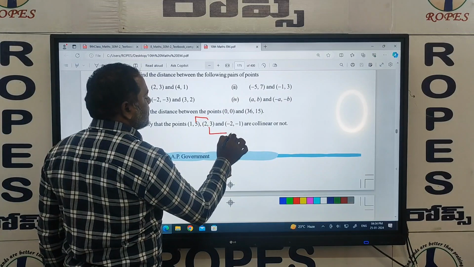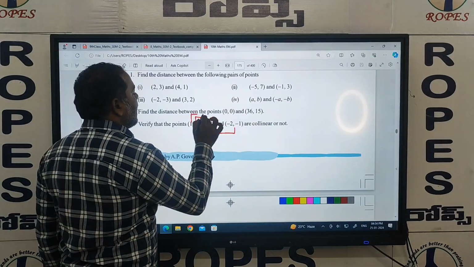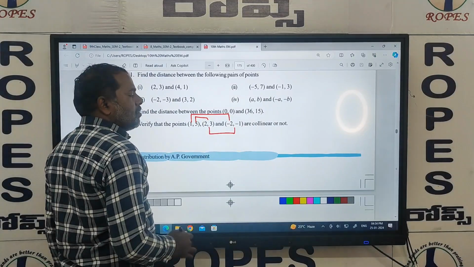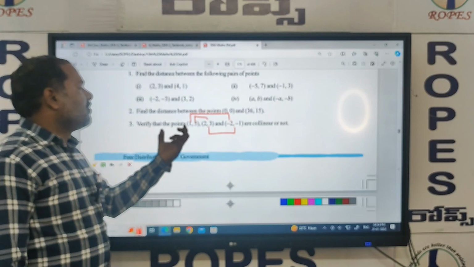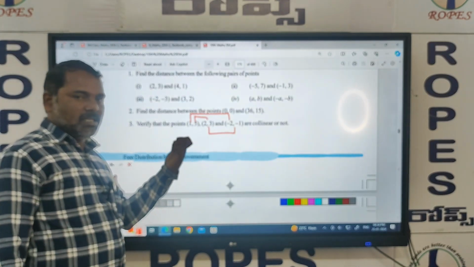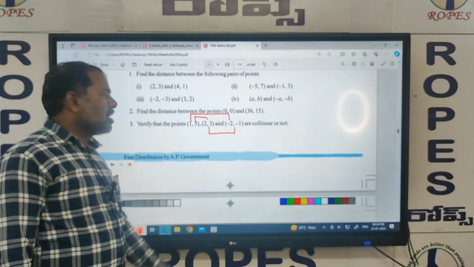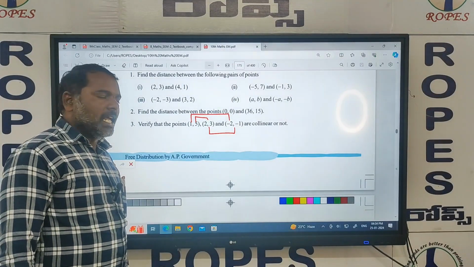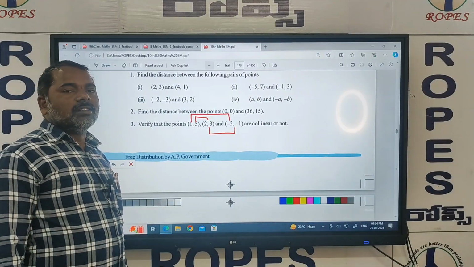Again we find the distance between 2, 3 and minus 2, minus 1. Again we find the distance between 1, 5 and minus 2, minus 1. The sum of 2 distances should be more than the 3rd distance, then only the points are collinear. Otherwise the 3 points are not collinear.